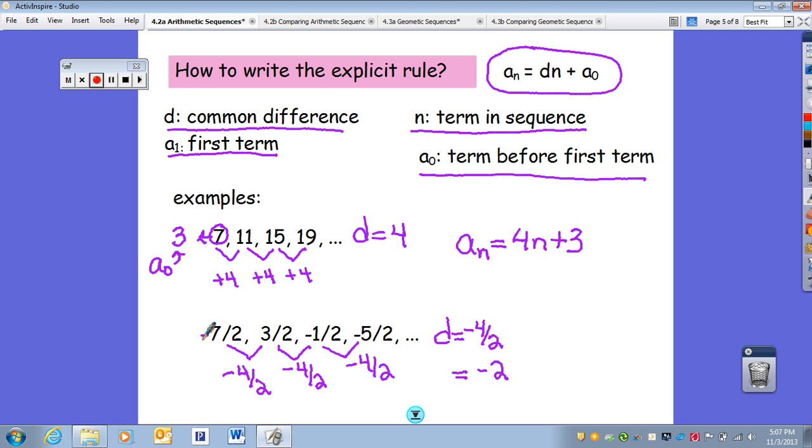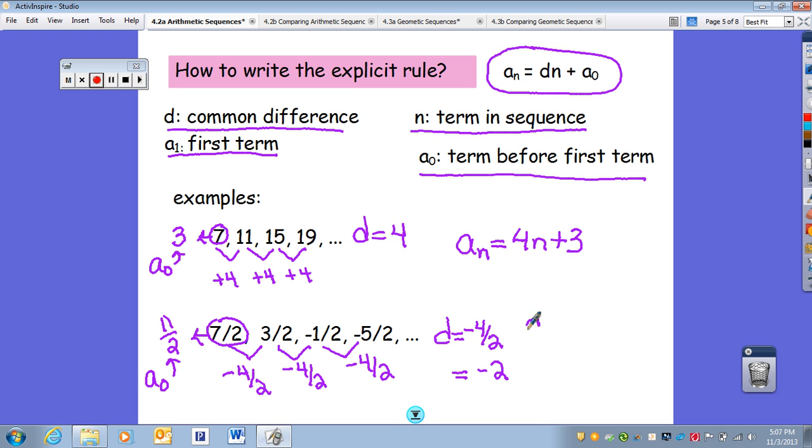Now what I want to do is figure out what term happened before my first term. So if I subtracted 4 over 2 to get to all my new terms, I'm going to do the opposite, or inverse. I'm going to actually add 4 over 2. So if I add 4 over 2, that's going to give me 11 over 2. And this term is called a sub 0, and it's the term that occurs before the first term.